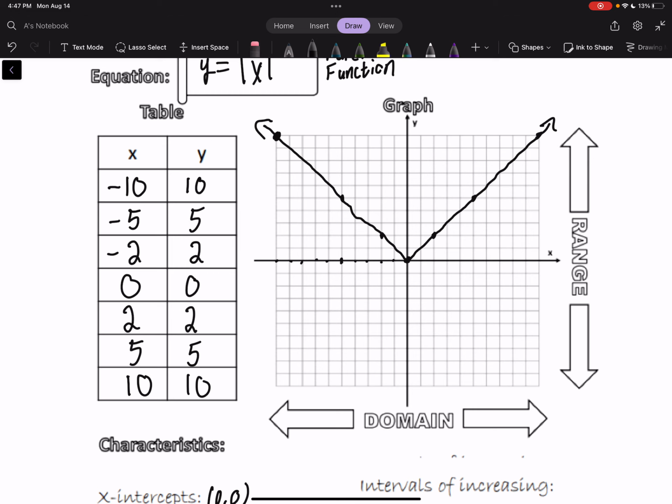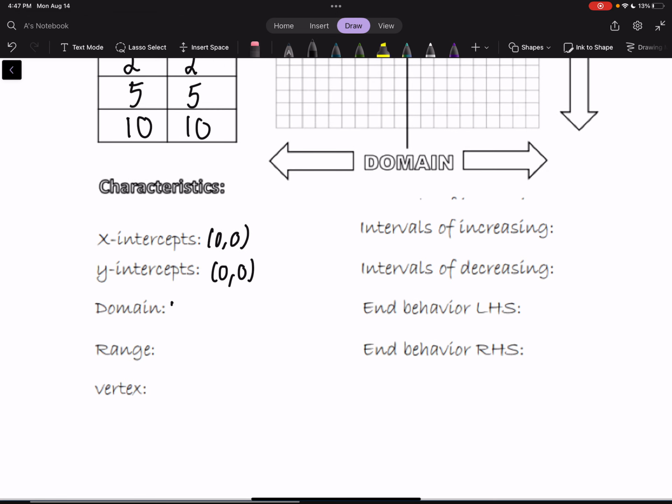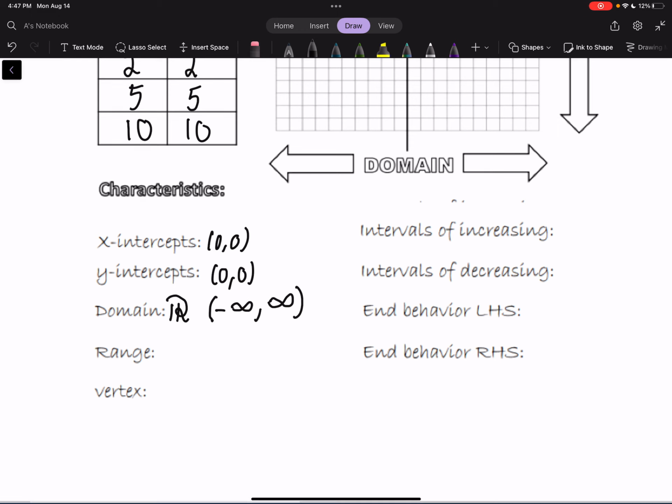So it is going to -infinity, and the right direction is going to +infinity. The domain can be called all real numbers, or it can be called -infinity to +infinity in interval notation. There's also set builder notation, and that is x is defined in all real numbers in this case.